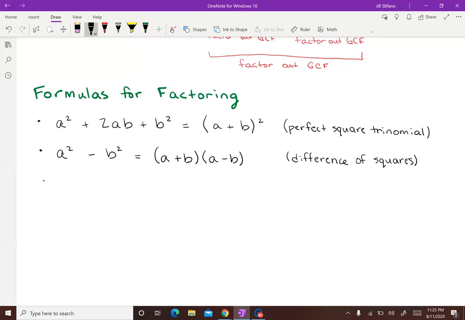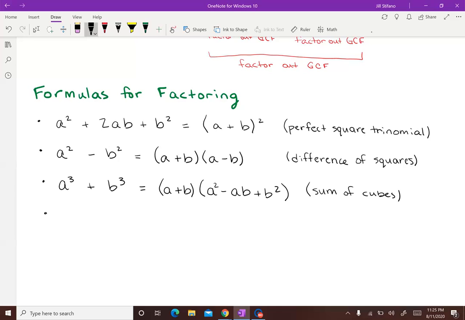Okay, the next two are working with cubes. First, we have the sum of cubes. So we have a cubed plus b cubed. And the formula for factoring this is a plus b times a squared minus ab plus b squared. Then we're in the case of sum of cubes.